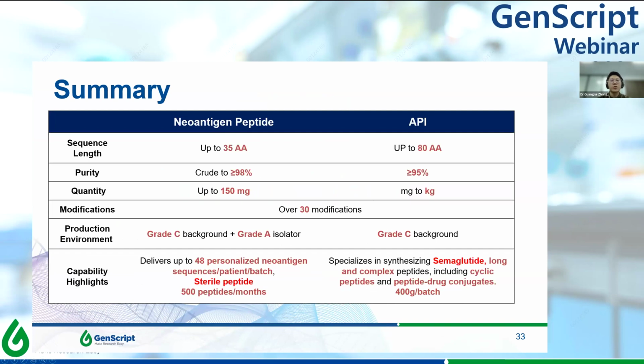So if you want to start with a small batch, we also can do that, under 400 grams. And for the neoantigen peptide, we can provide 48 personalized neoantigen sequences per batch. It has to be per patient because we have to ensure one patient's whole load of neoantigen peptides is together so that we can do the pooling QC test for the patient.